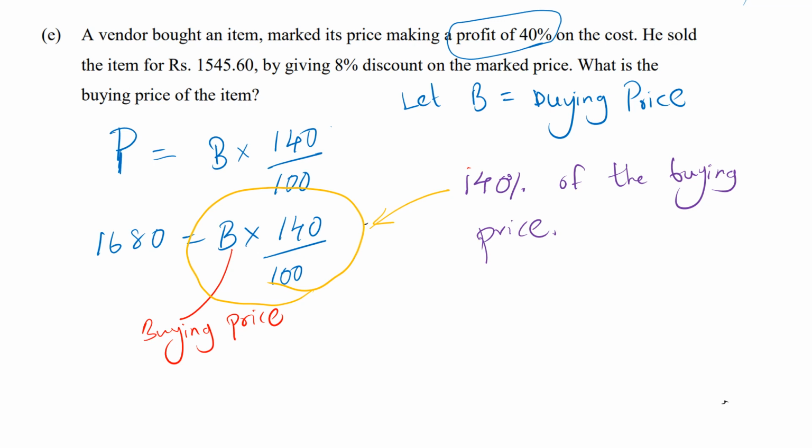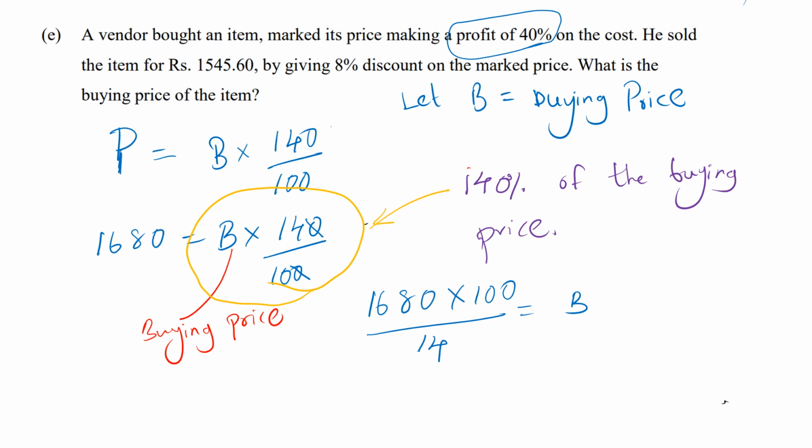Then we can simplify this. We can just cancel out this 0, and do the cross multiplication: 1680 into 100 divided by 14 is the buying price. You can just do the multiplication. Actually, it's so simple.